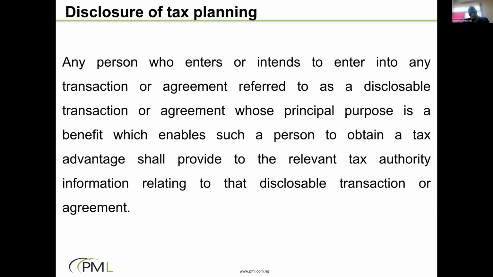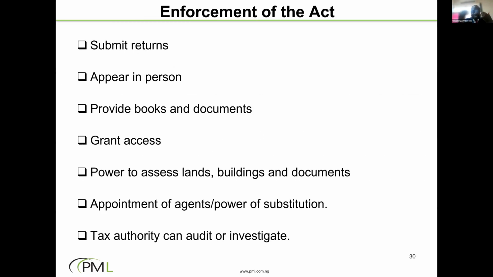Now, what are the things required as enforcement? What are the things that will help the tax authority with individuals or companies in paying or aligning with the requirement? One, we are required to submit returns. Returns means we have a record of what we have done and a record of what we have paid based on what we have done, and then you submit it.